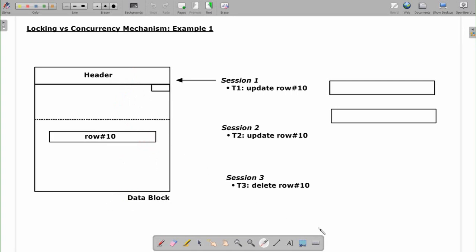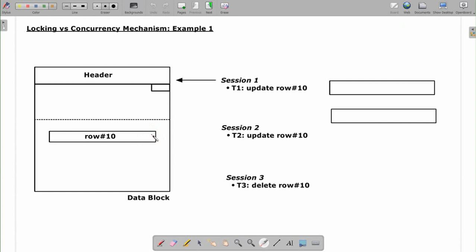In this example, session 1 at time t1 issued an update statement. So I want to update row number 10 in the given database block. If session 1 requests the update statement, then row 10 will be handled by session 1.